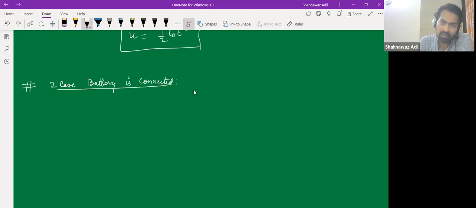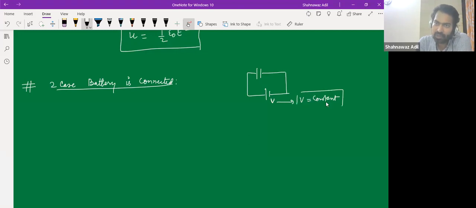Always remember that if we have a capacitor and a battery is connected, then the voltage will be constant. The battery keeps the voltage constant throughout this circuit whenever it is connected.